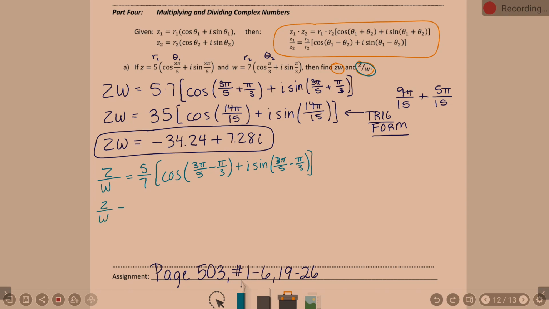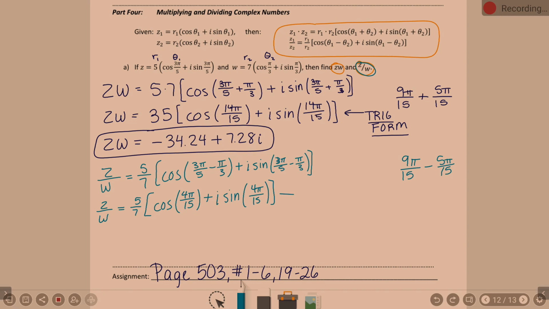So keep doing some cleanup. 5/7 is just 5/7. If you clean up inside the parentheses in the theta position, what about 3 pi over 5 minus pi over 3? Yep. We take the pieces we had last time, 9 pi over 15 minus 5 pi over 15, and it is indeed 4 pi over 15 plus I times sine of 4 pi over 15.